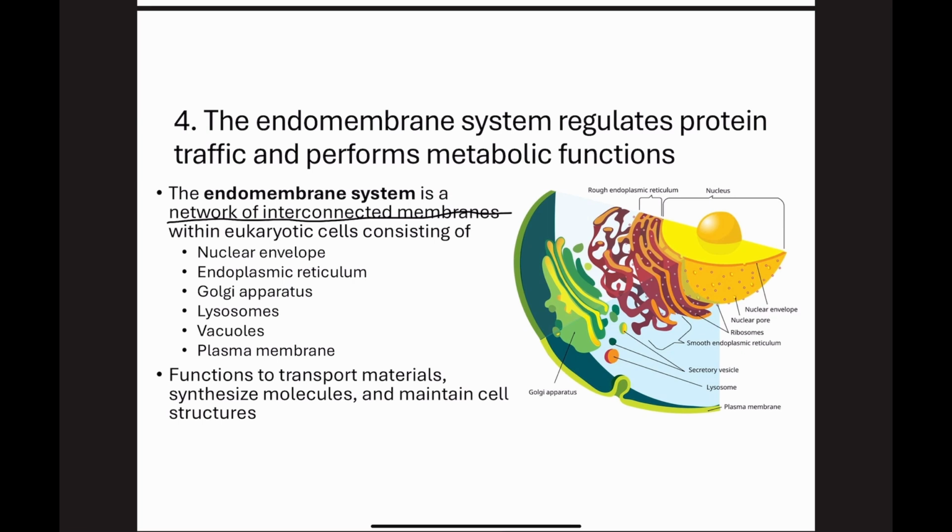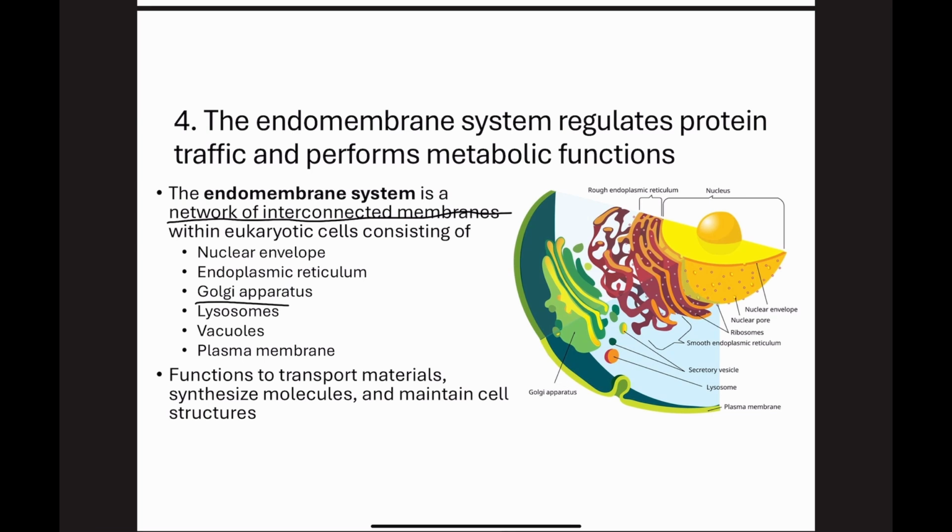It consists of the endoplasmic reticulum, which is going to synthesize proteins at its rough endoplasmic reticulum, and it's going to synthesize lipids at the smooth endoplasmic reticulum. It consists of the Golgi apparatus, which is going to modify, sort, and ship proteins and lipids. It has lysosomes, which contain digestive enzymes for breaking down macromolecules. It also contains vacuoles, which store nutrients, waste, and other materials.